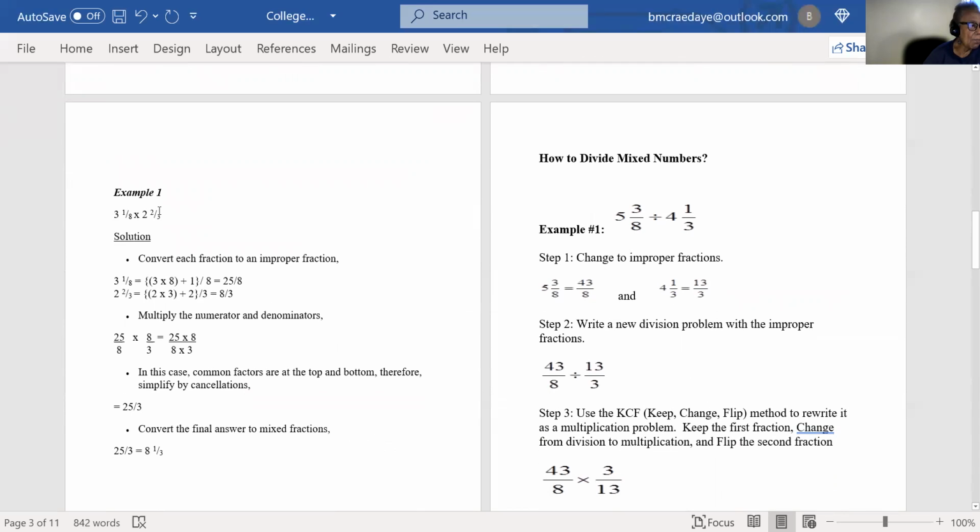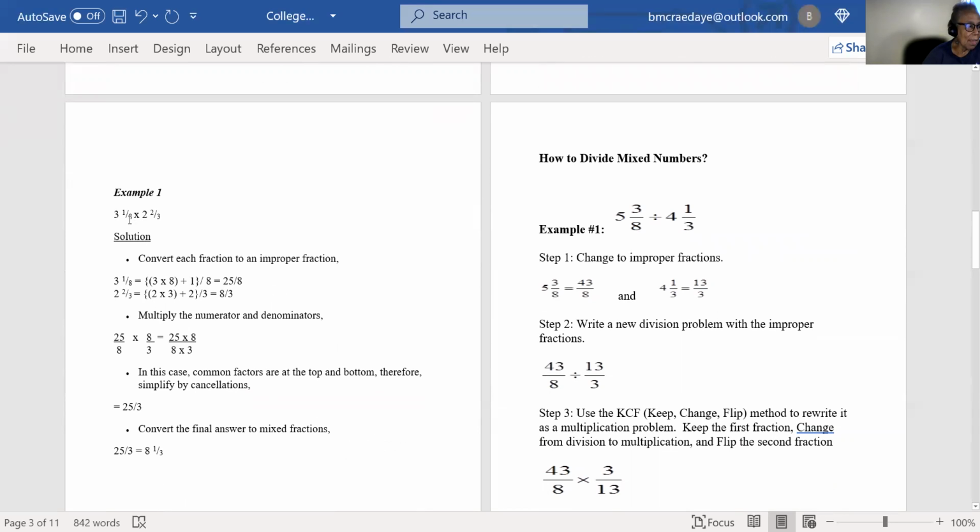First step, convert the mixed numbers to improper fractions. So we take this mixed number, and notice how you do that. You take the denominator times the whole number and you add the numerator.